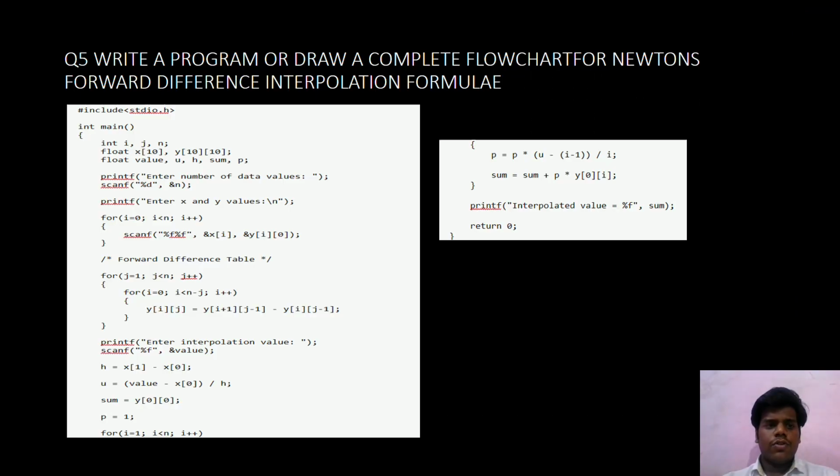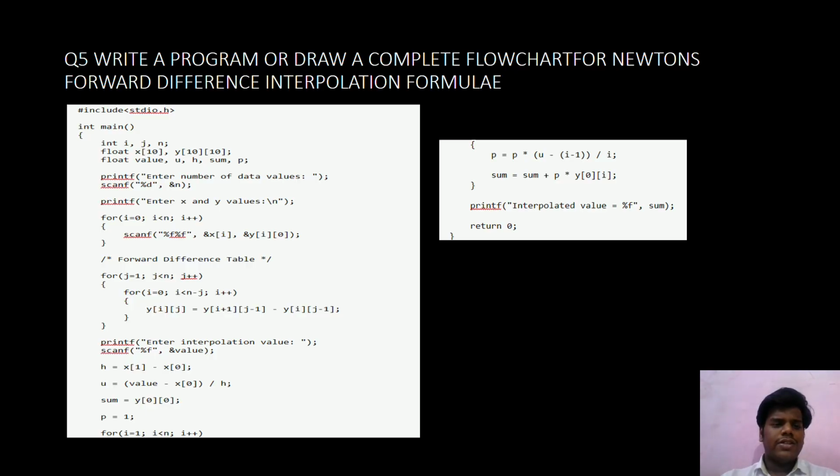Now let's move to the fifth part of the question from the second internal. In the fifth question, write a program or draw a complete flowchart for the Newton forward difference interpolation formula. Now we have #include <stdio.h>, int main.